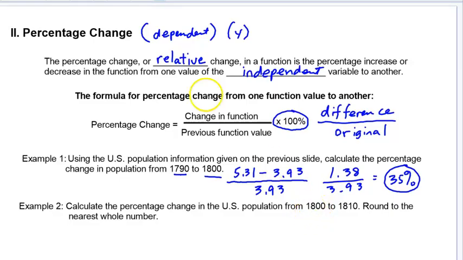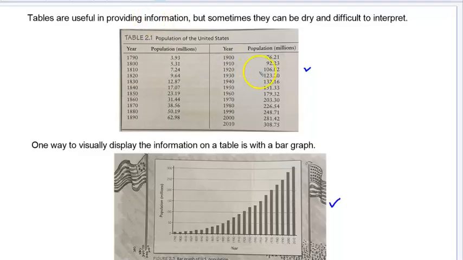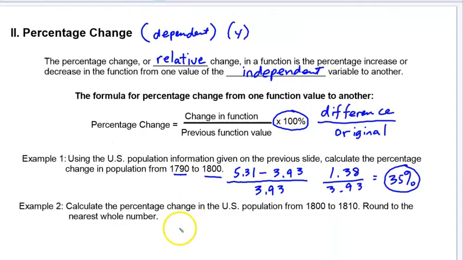So in 1800, looking at our table, the population was 5.31 million. We already had that. And from 1800 to 1810, it's 7.29 million. So again, that's going to be growth. So I'll just go ahead so I don't accidentally switch these and think the answer is going to be negative.